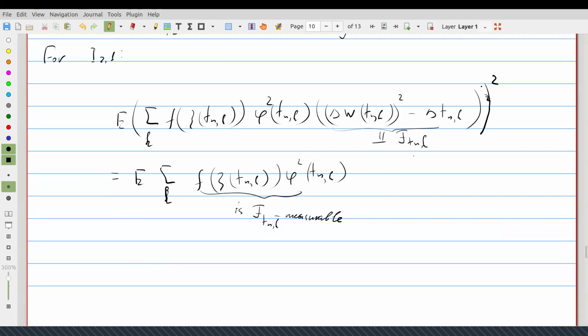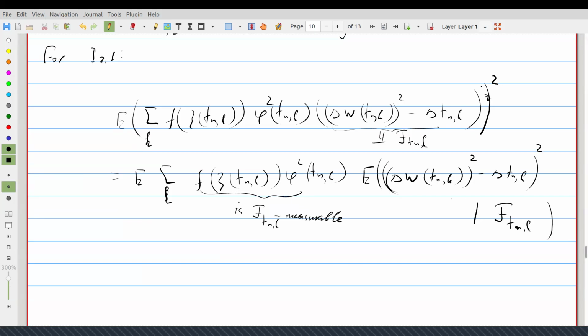Let's recall that this is F t and k measurable, and this is independent of F t and k. So effectively, every time we calculate something for this term, we can put it outside of the internal conditional expectation with respect to this sigma algebra, and use the fact that this is just delta W t and k squared minus delta t and k squared, again with respect to the sigma algebra F t and k.